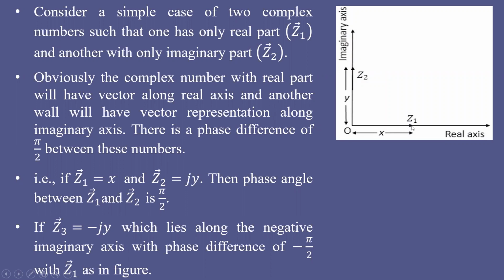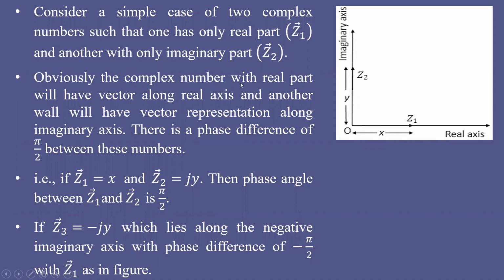Z1 is having only real part. The real part of Z1 is X. Z2 is having only imaginary part, where it is having the imaginary part Y. So definitely Z1 will be shown on the horizontal axis. Z2 is shown on the vertical axis.